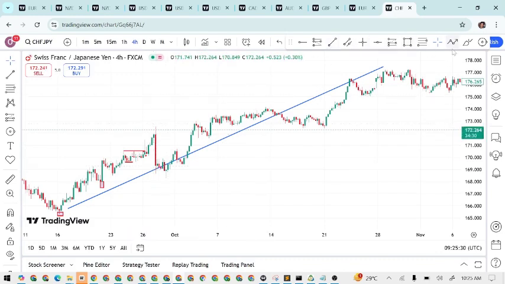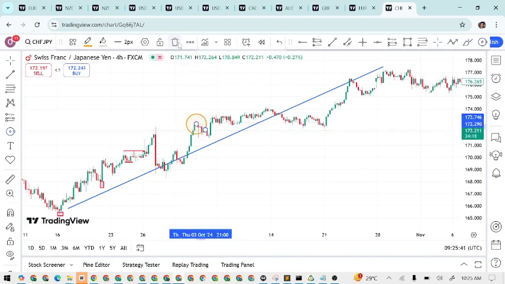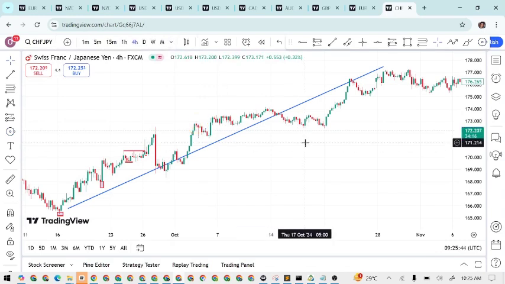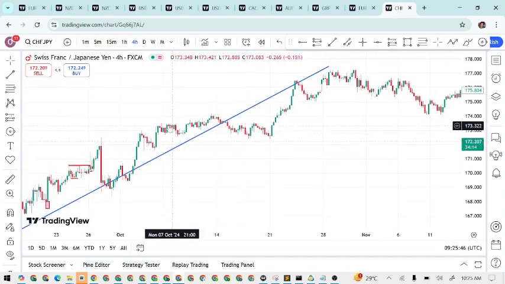After this level has been taken out, the next red candle formed in that area was not engulfed. As a result, there will be no trade in that environment. You check this area, there was no engulfing candle here, and there was no sweep of that high, so there probably would not have been any engulfing candle in that area.